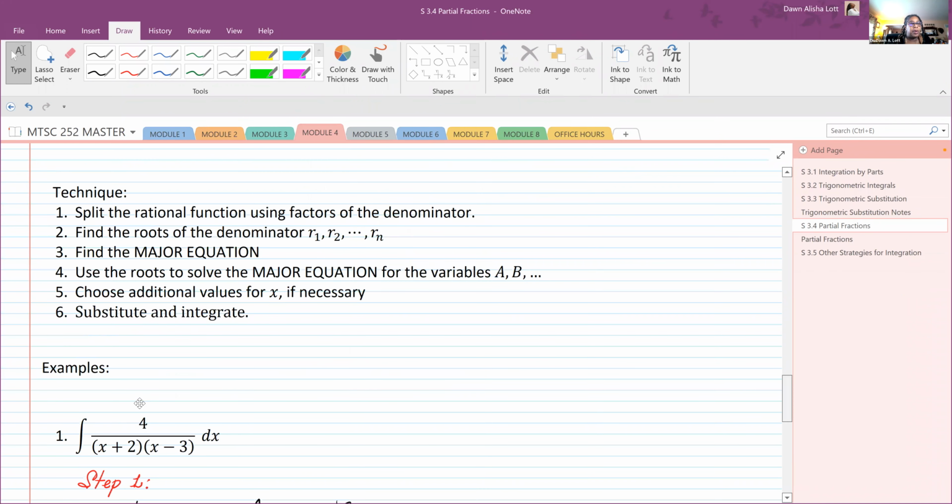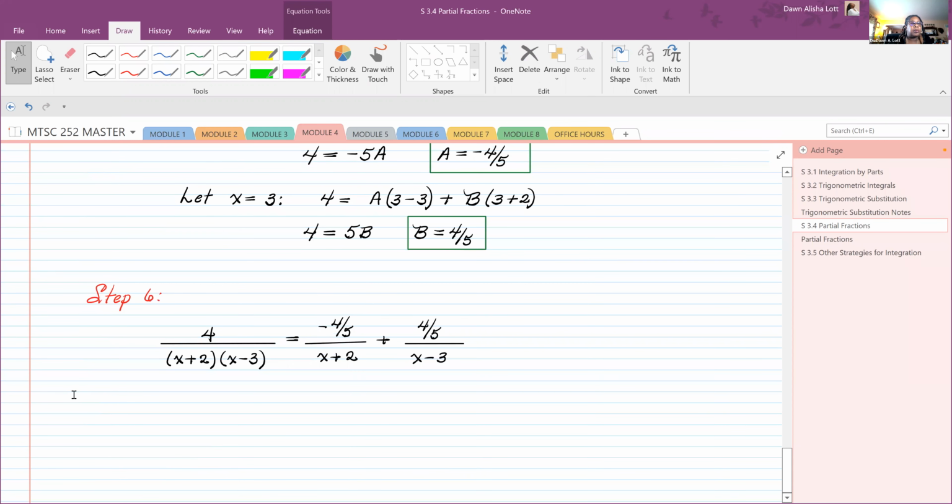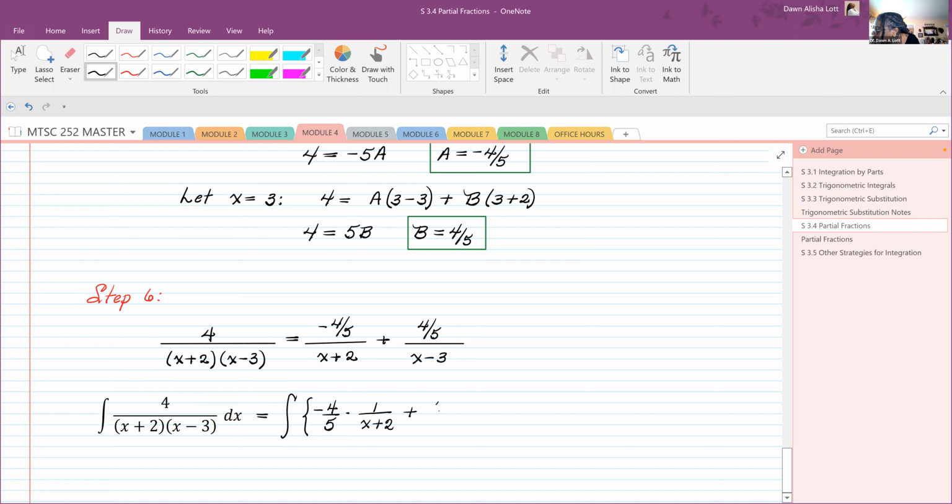So here's my problem. The integral of that is going to be the integral of -4/5 times 1 over x plus 2 plus 4/5 times 1 over x minus 3 dx, because we just made a complete substitution.